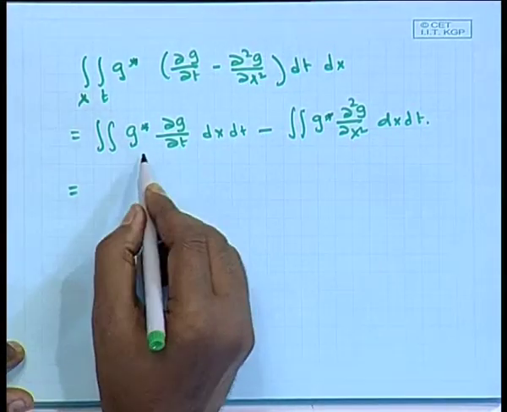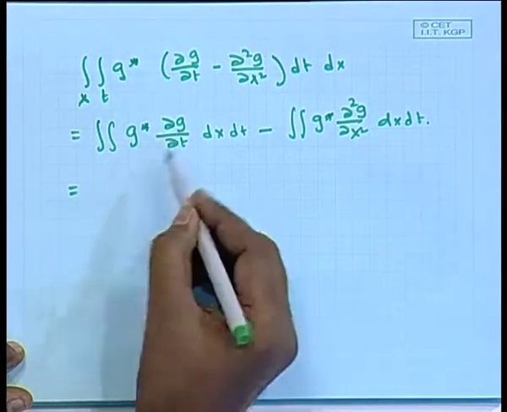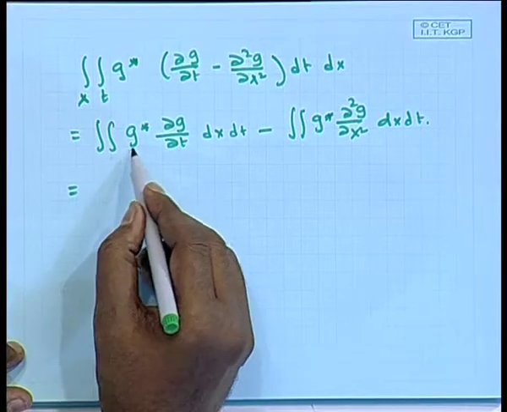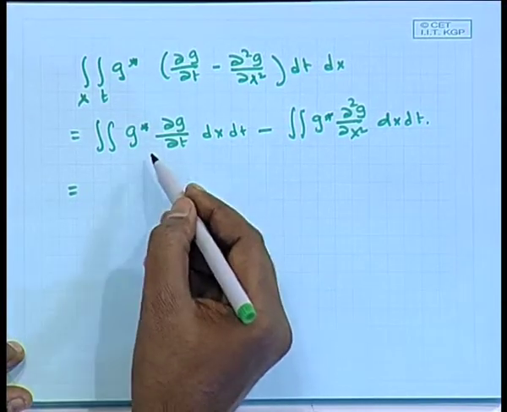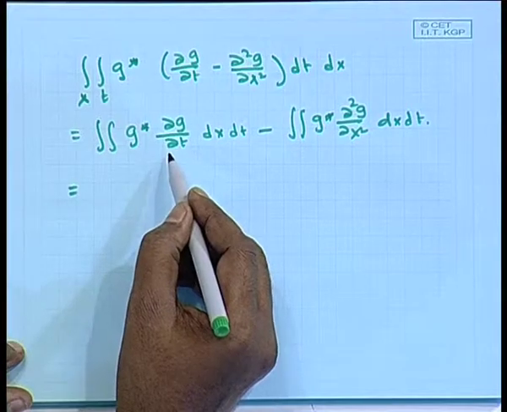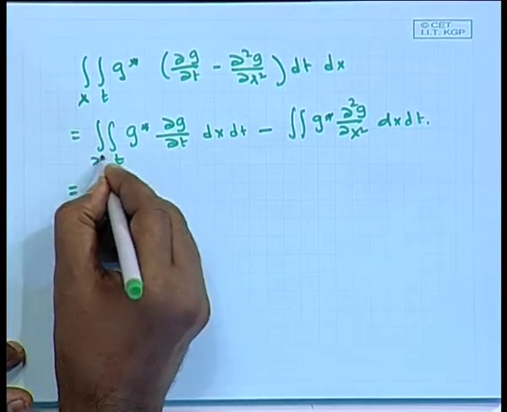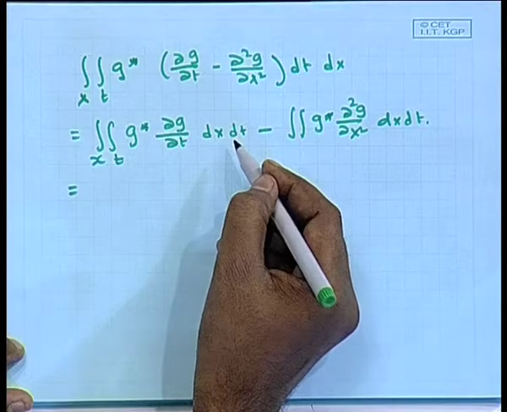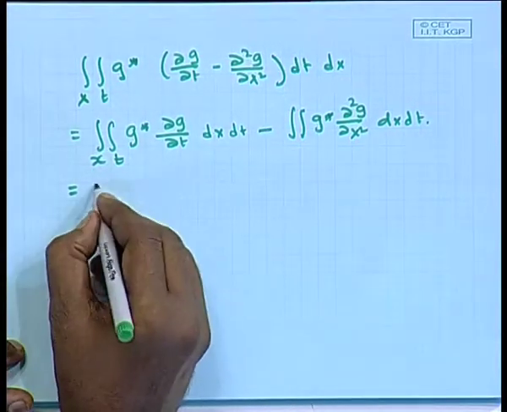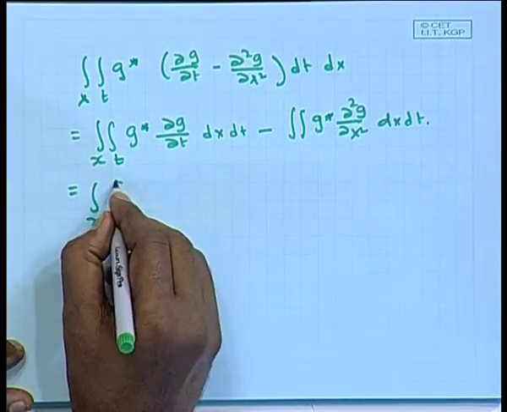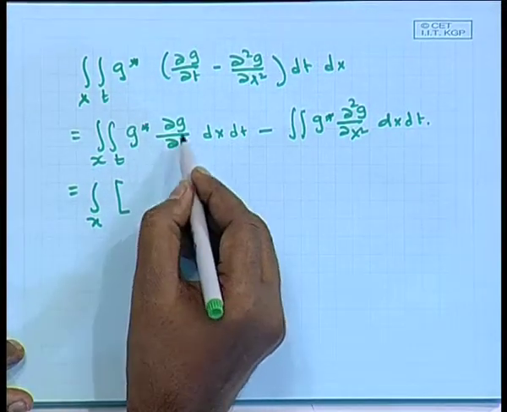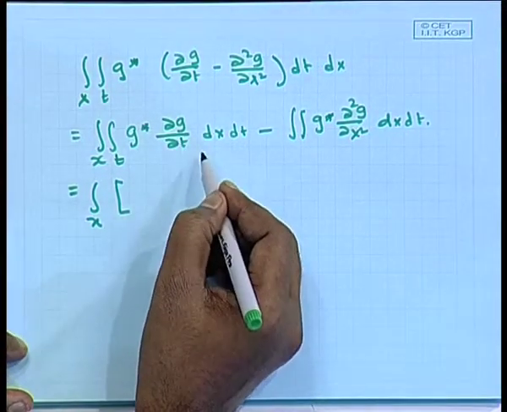Now, you just do a partial integration by parts over t first in this part. This is over t, this is over x, change the order of integration to dt dx. So, integral over x, first function times integration of the second function with respect to t.